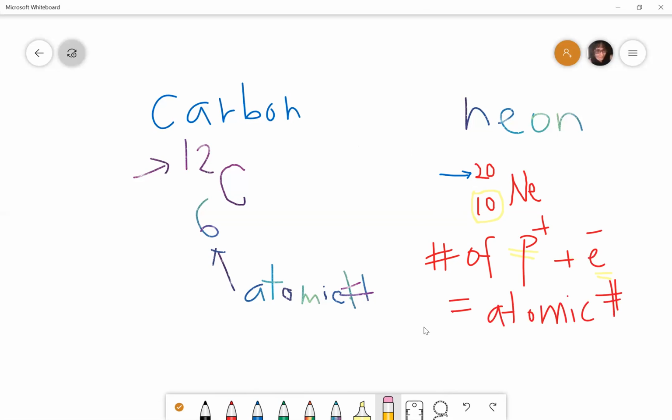So if you want to know your number of neutrons, we'll put that little number sign here. Your number of neutrons is equal to your mass number minus your atomic number.